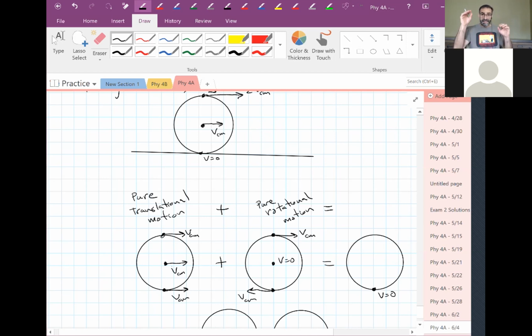One of these, the center of mass is not moving. The other one, the center of mass is moving. I add them up, I get v center of mass to the right. And at the top, they both have the same velocity. I add them together, I get twice that velocity.